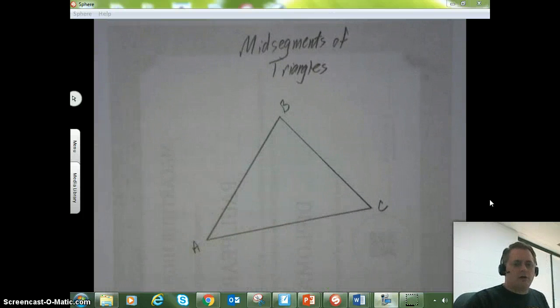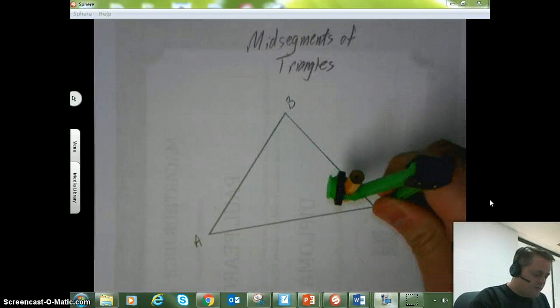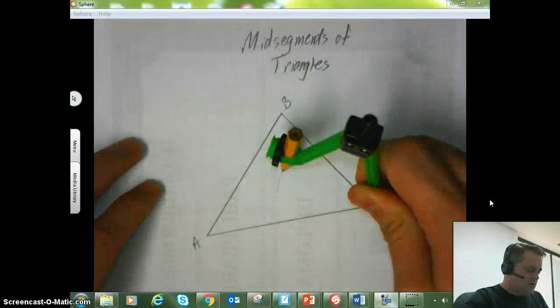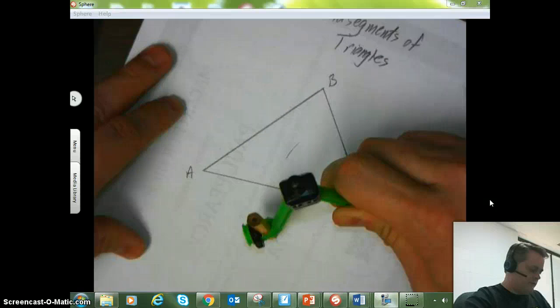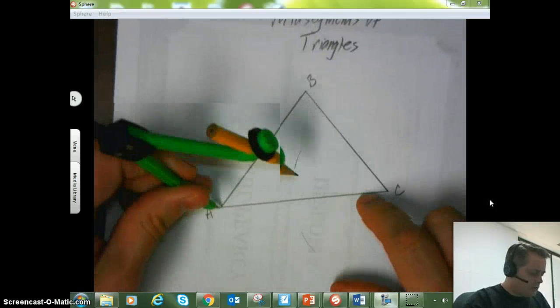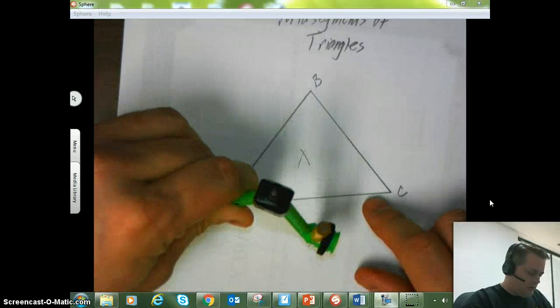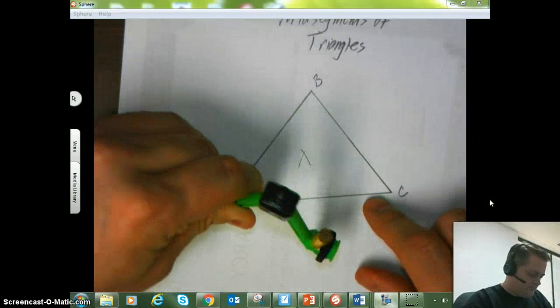So here I have a triangle ABC, and what I'm going to do is create the midsegments of this triangle. So I'm going to begin by constructing where the midpoints are.